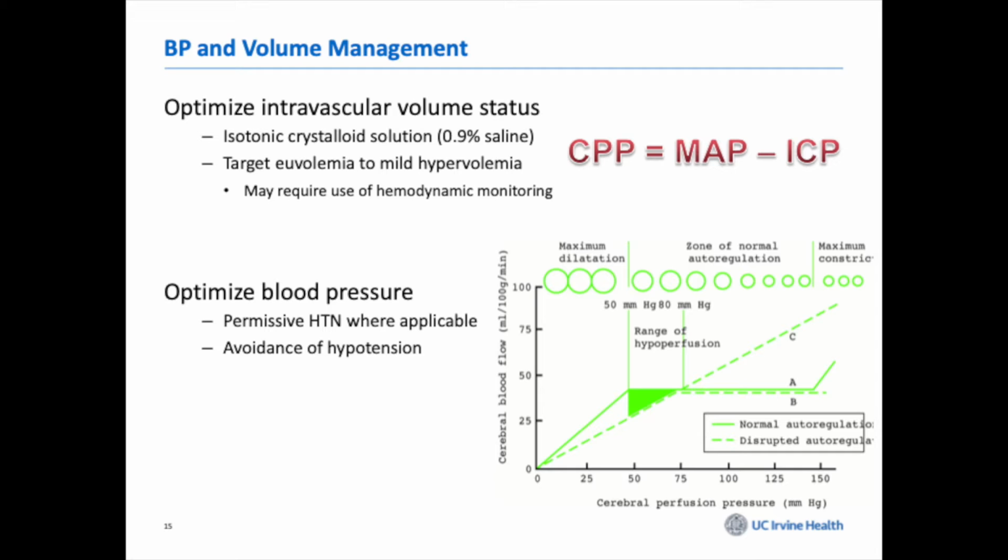The key here is also to avoid hypovolemia. If you think the patient's hypovolemic, if they've been bleeding out, you need to get volume into them. You may need advanced hemodynamic monitoring here, such as a Swan-Ganz, to help you target that and identify the euvolemic state.